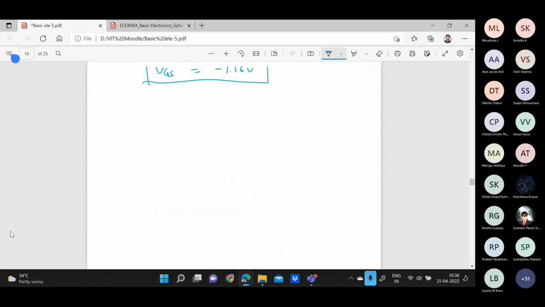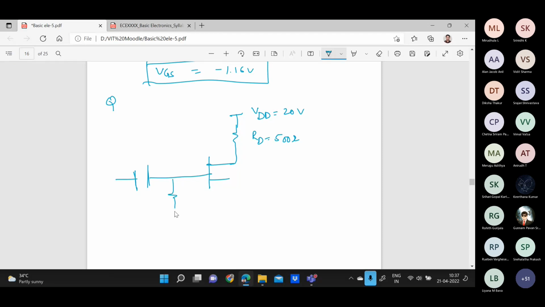Now we will see one question based on the DC load line. So we have one question like this. This is RD equals, suppose, 500 ohm, and here they are giving the value of VDD equals 20 volts. And here we are connecting some capacitors. As I told you, I will explain the role of these coupling capacitors later.